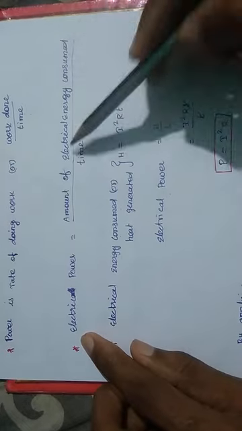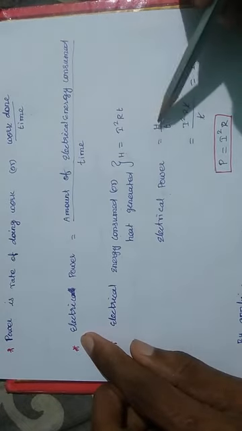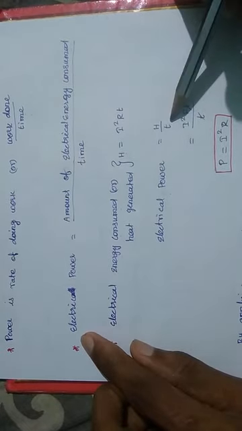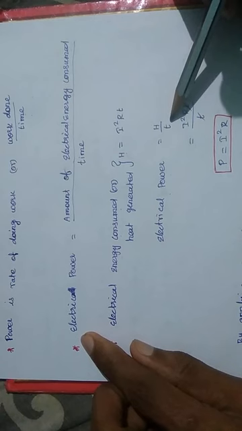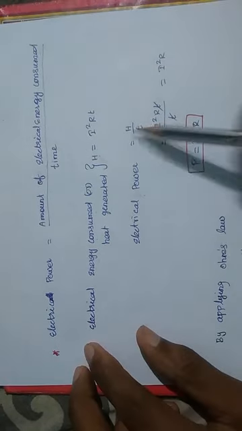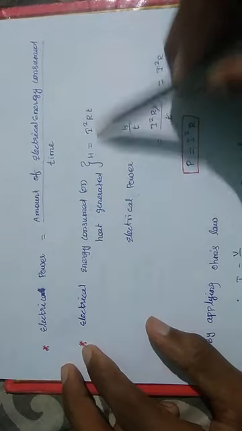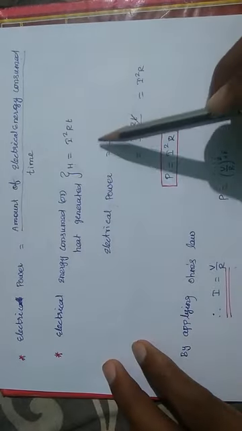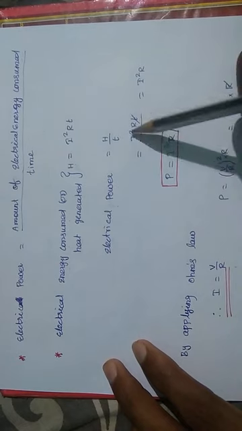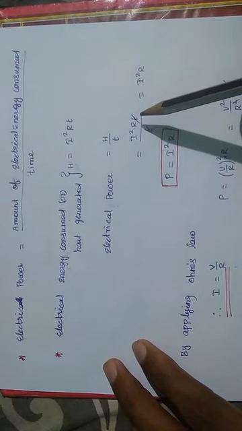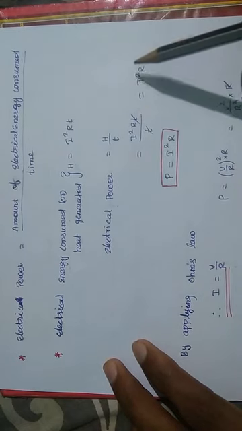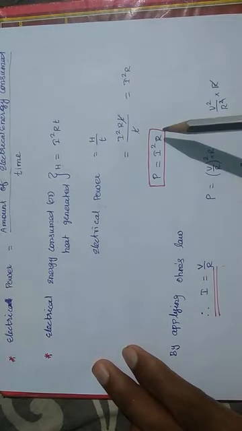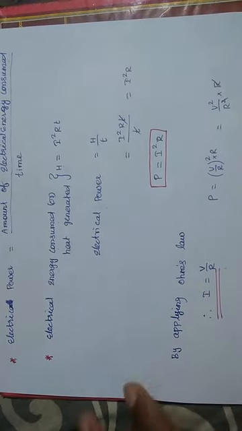So electrical energy consumed can be replaced by H, and we divide by time. So electrical power is H by T. We know that H is equal to I squared RT. Now replace the H value in this equation. The T's will cancel each other, and you'll get P, which is equal to I squared R. This is the first equation you'll get.